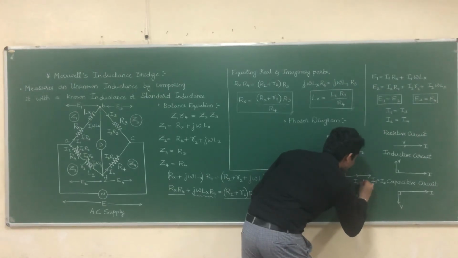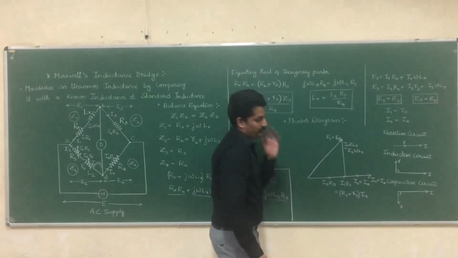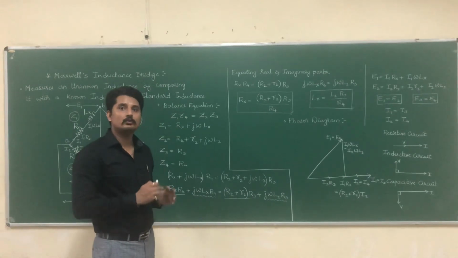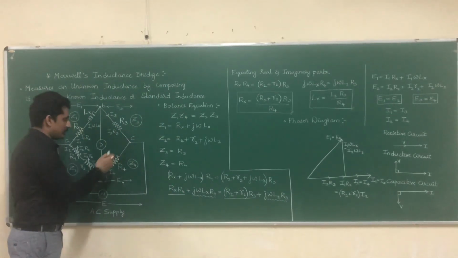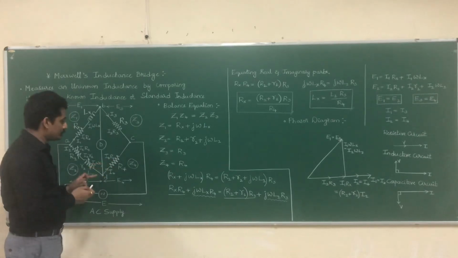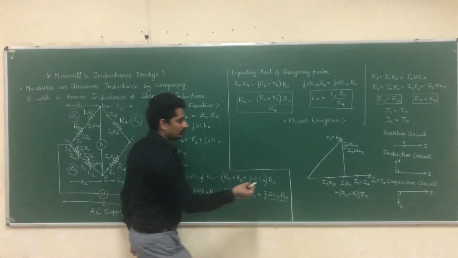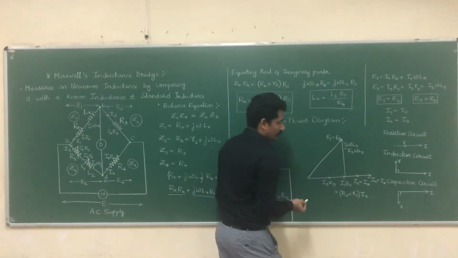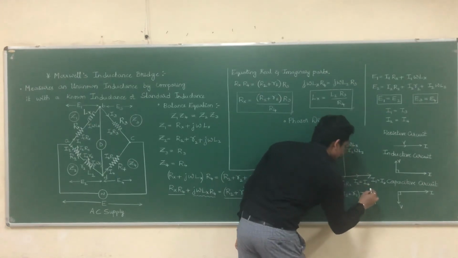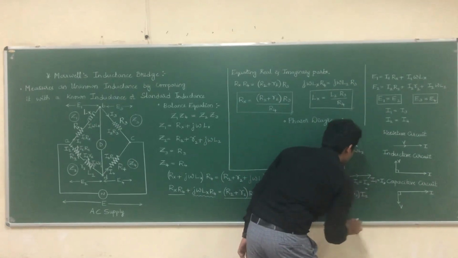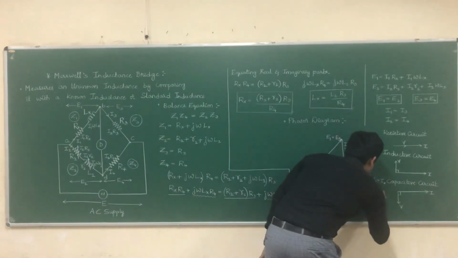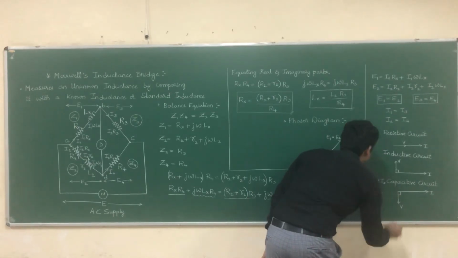Then where the voltage drop across this resistor I4 should come, I4 R4, it should be in phase with I4, right? So this is I4, and this is the voltage drop I4 R4.